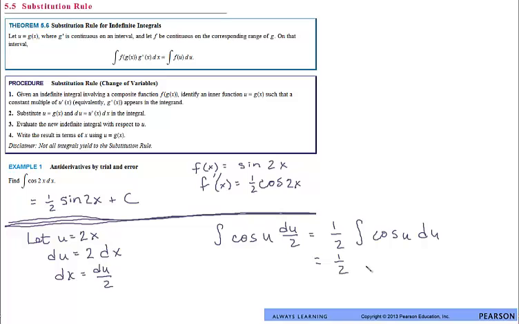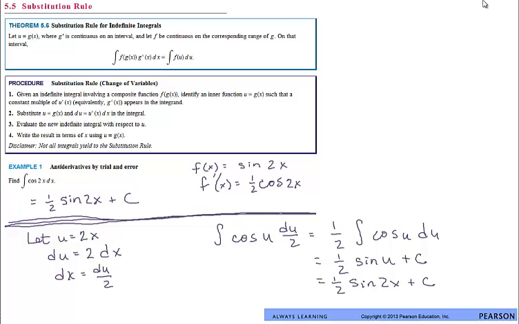That's 1/2 sine u plus c, substituting back in, be 1/2 sine 2x plus c, which is what I got from my trial and error, but this is going to allow me to do more complicated integration.